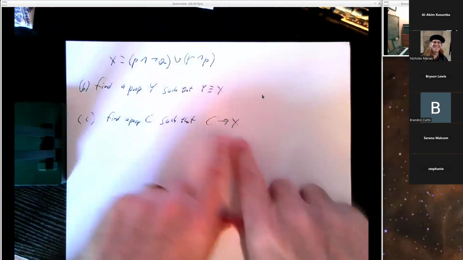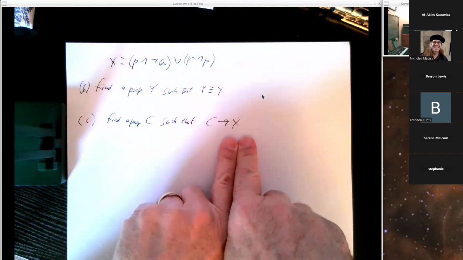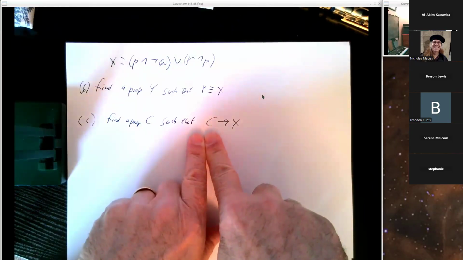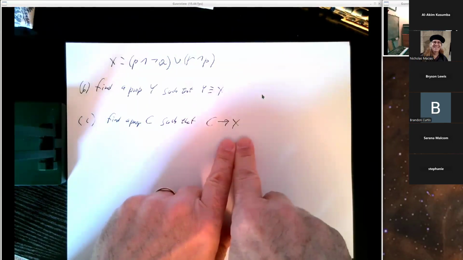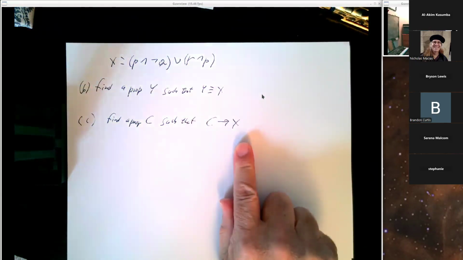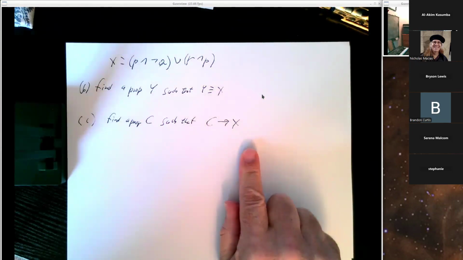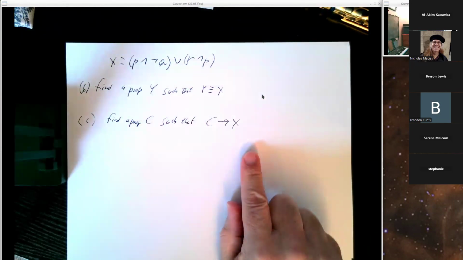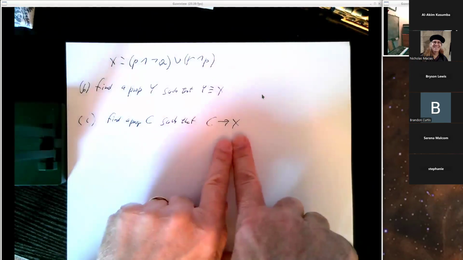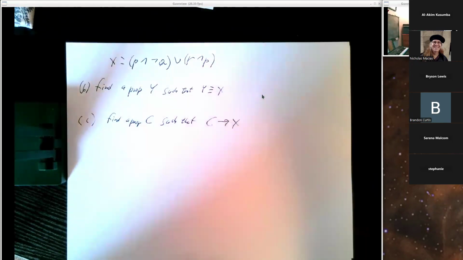It doesn't mean that C and X always have the same truth value. I want a proposition C such that if C is true, then X is true. So this takes some head scratching. Find a proposition C such that if C is true, then X is true.